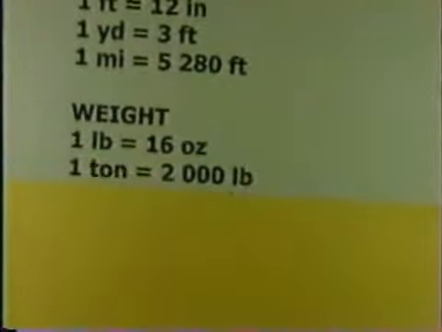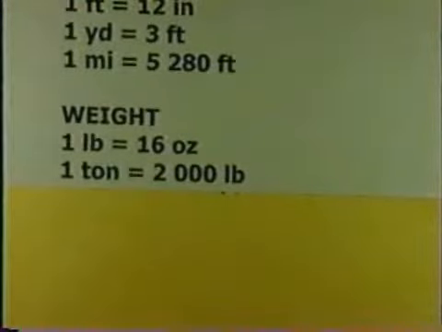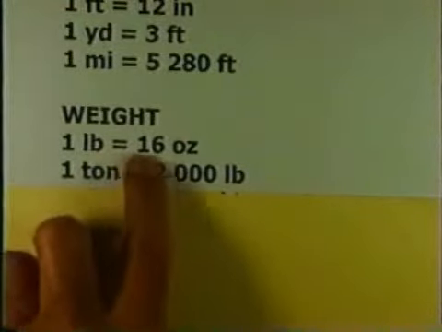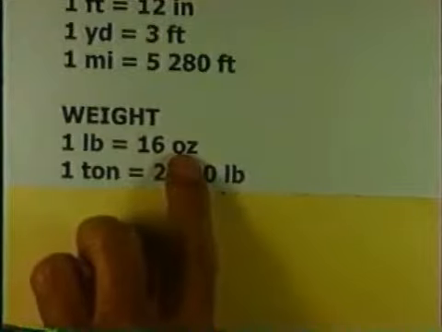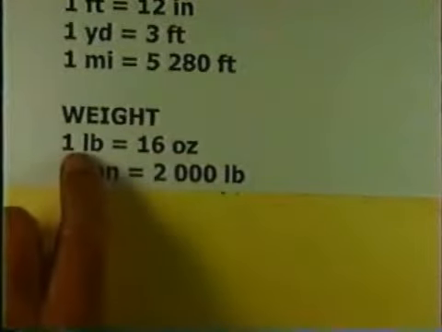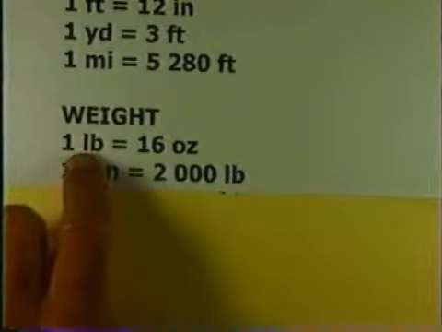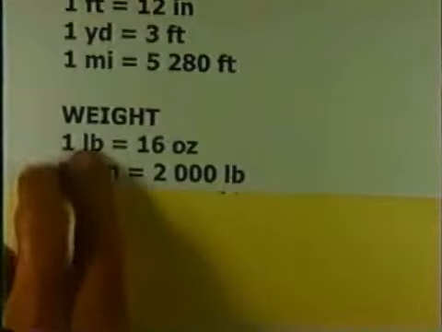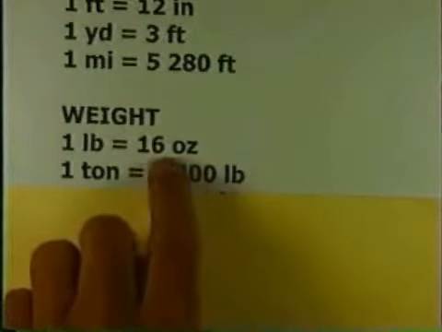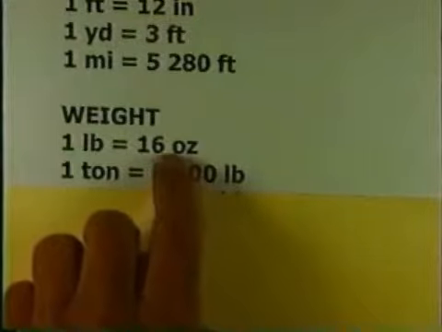For weight, there are only 2. 1 pound is 16 ounces. So to picture a pound, think of a pound of coffee, or maybe a couple pounds of washing powder, some things that you may buy from the store. And think of an ounce, a candy bar might be a couple ounces or so.